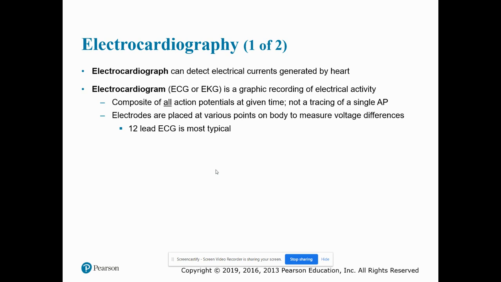It's an electrocardiogram, and it's a composite of all action potentials at a given time. It is not a tracing of a single action potential. What they do is they put electrodes at various points on the body, and they measure voltage differences. And the 12-lead ECG is the most typical.